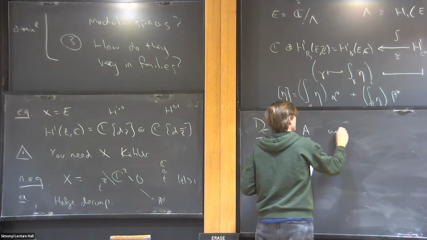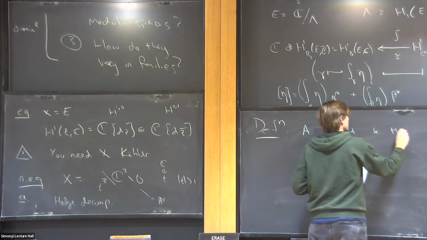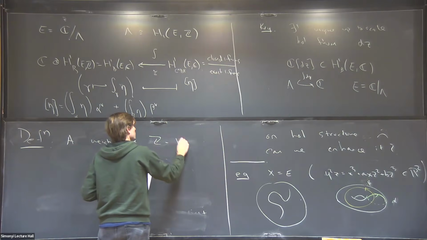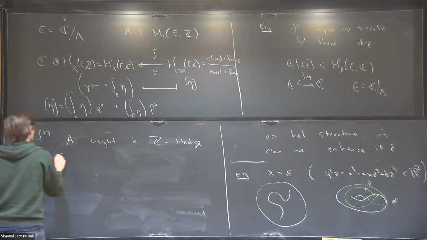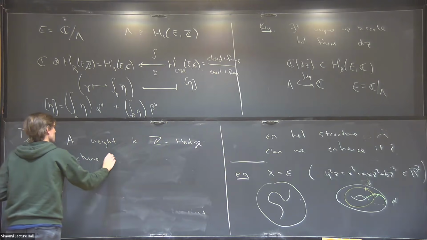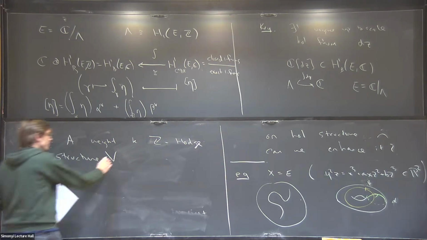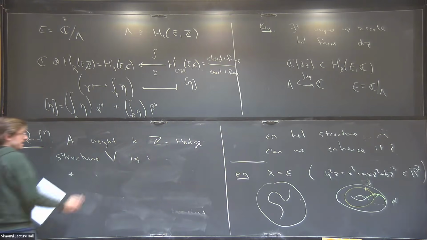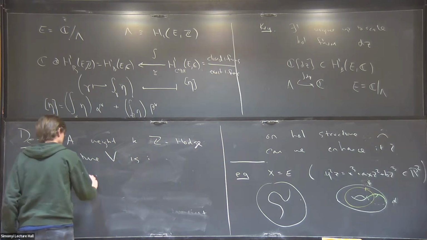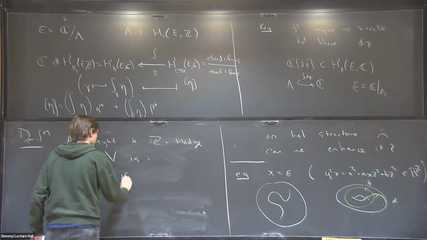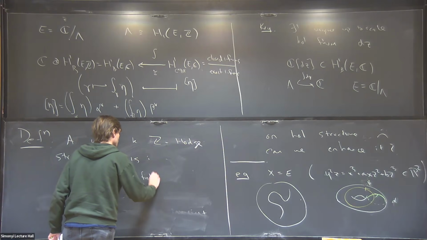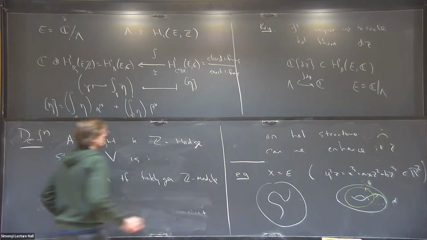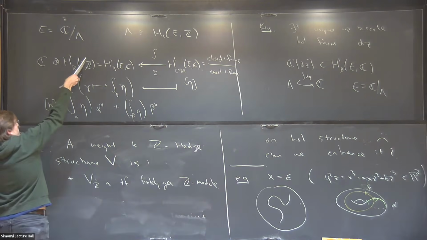A weight k Hodge structure, I guess an integral Hodge structure. We typically refer to it as V, but V refers to a package of information. It's a Z lattice, V_Z, a torsion-free, finitely generated Z-module.